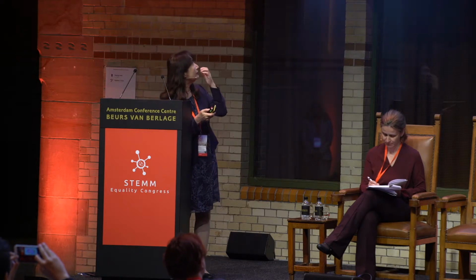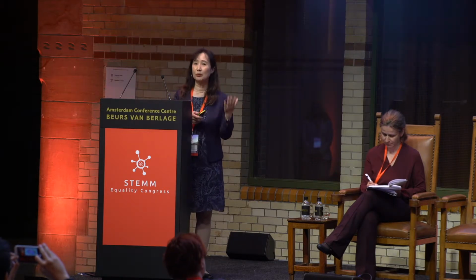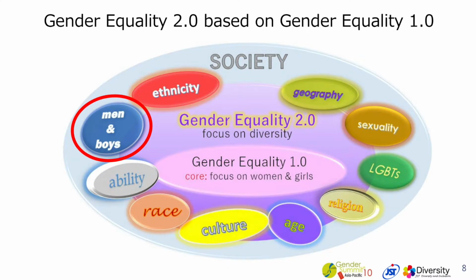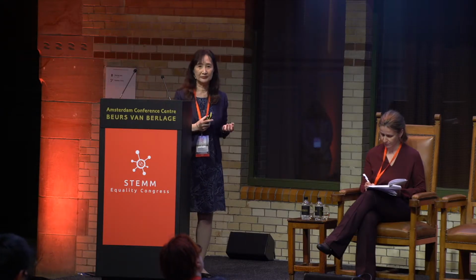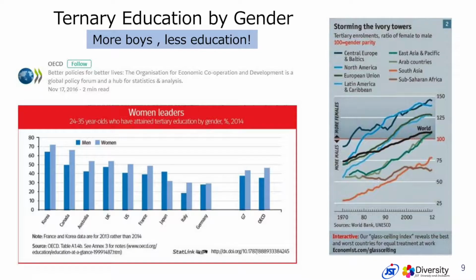So next, I'd like to show you the men's and the boys' problem. This is very serious, I think. First, I will show you the boys' problems. First of all, look at the right figures. That shows the female to male ratio of tertiary education.